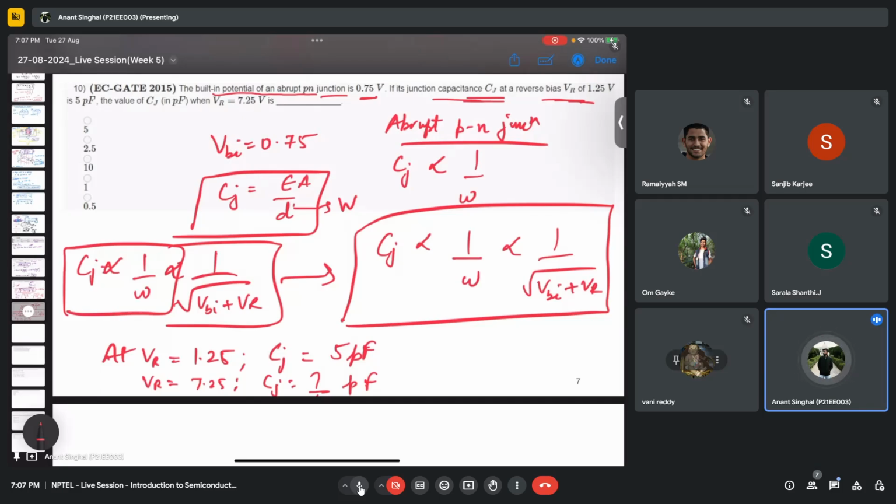I'll wait for one more answer from anyone else and then I'll solve it. Please try to solve, anyone else if they can. I'll give you 2 more minutes. This is a simple mathematical calculation.